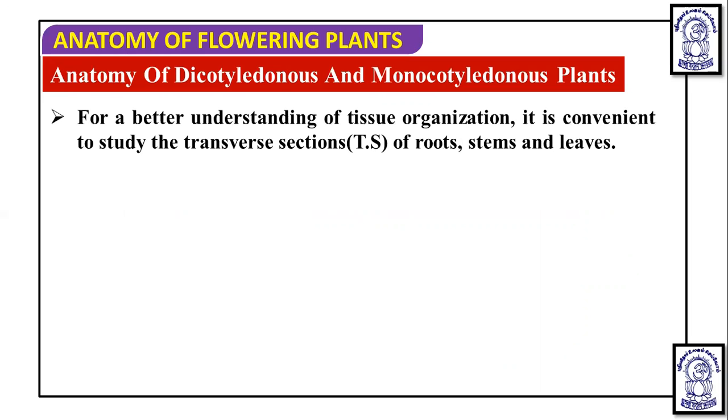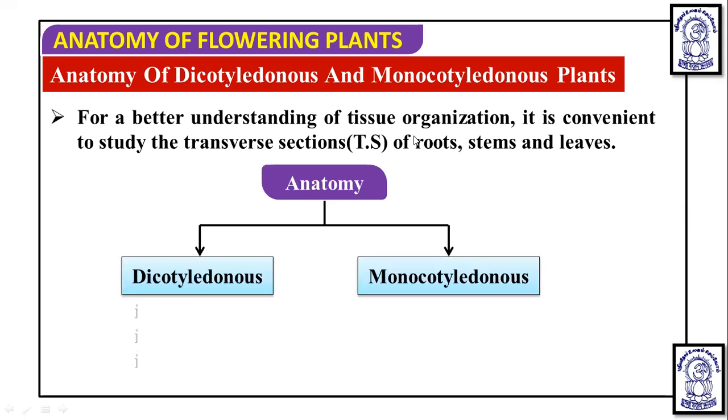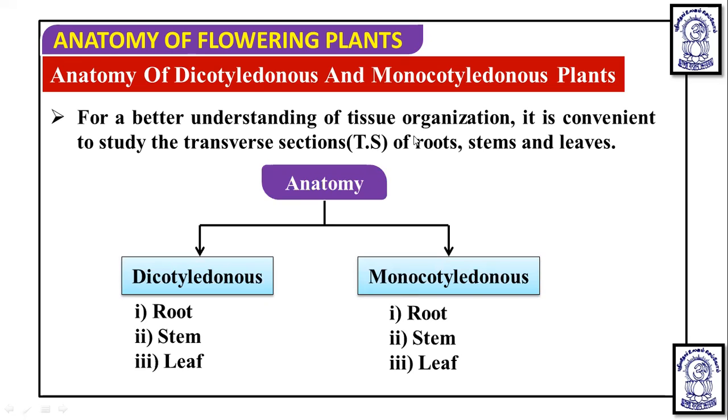When we take a transverse section, we are able to observe the arrangement of different tissues, and by observing this tissue arrangement, we can differentiate the internal tissue arrangements of root, stem, and leaves, and that helps us to understand anatomy in a better way. So we are going to discuss the transverse section anatomy of the root, stem, and leaf in dicot, and in the same way the root, stem, and leaf in monocot.